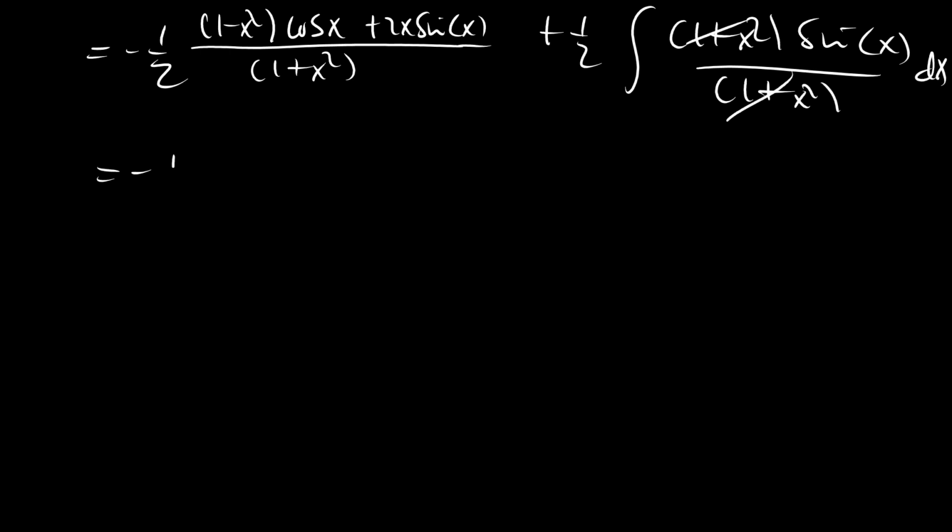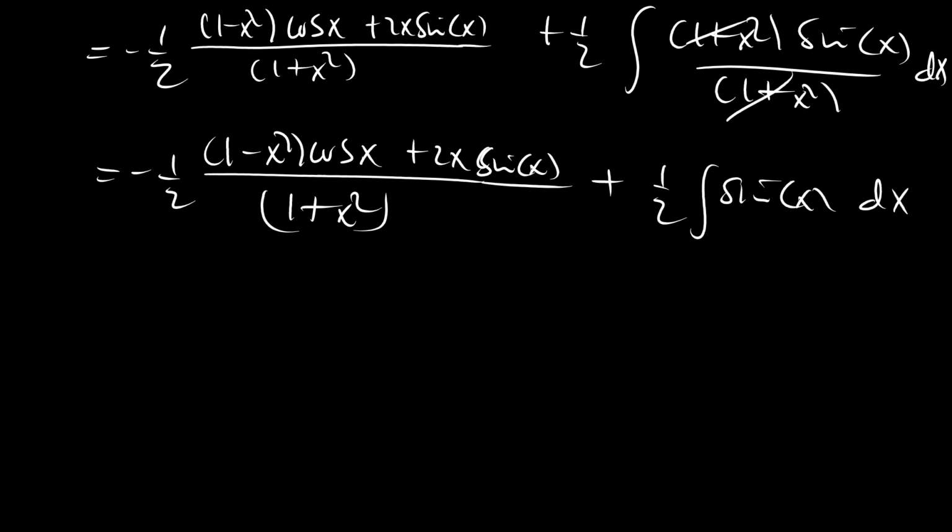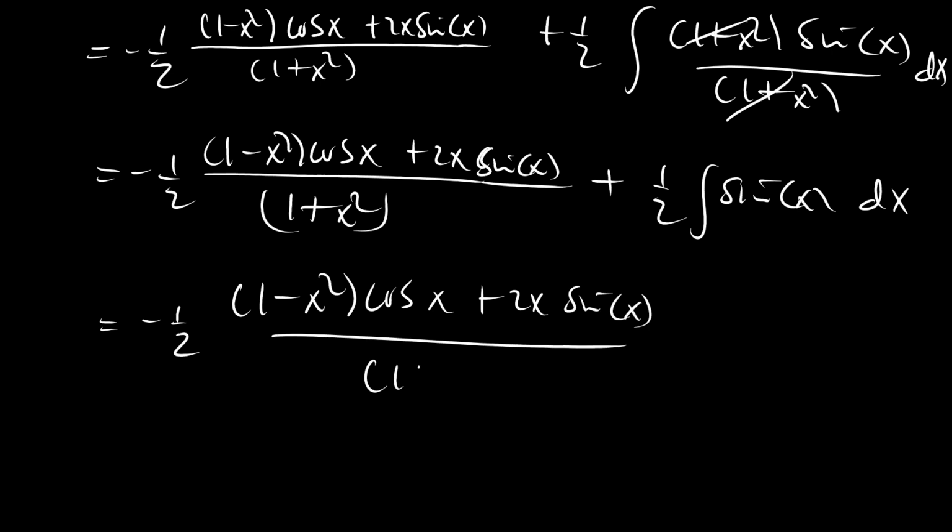And so we have plus a half sine x dx, negative a half, 1 minus x squared cosine of x plus 2x sine of x over 1 plus x squared, and here we have 1 over 2 cosine of x plus the integration constant.